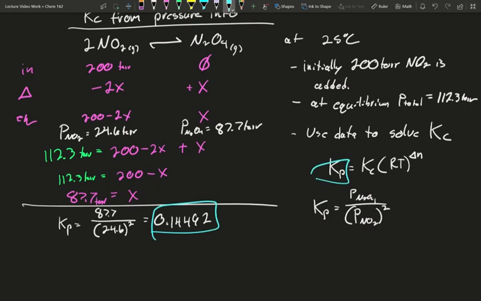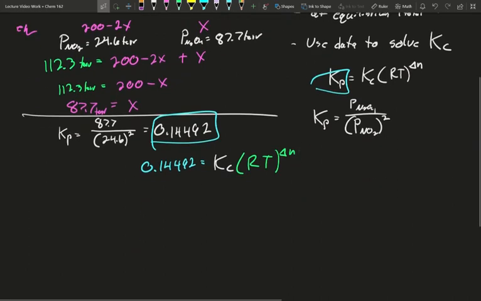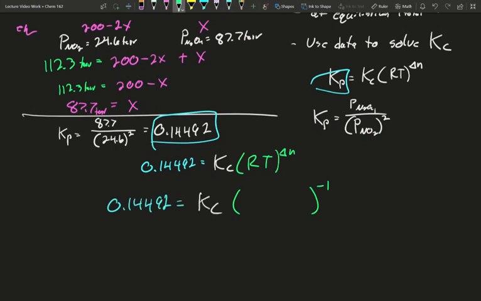We can solve Kc. 0.14492 must equal Kc times RT to the change in moles in our balanced reaction. Well, we start with 2, we end with 1 in terms of our gas moles. So change in moles is going to be minus 1. Our pressures have been in torr, so our R value is 62.36.